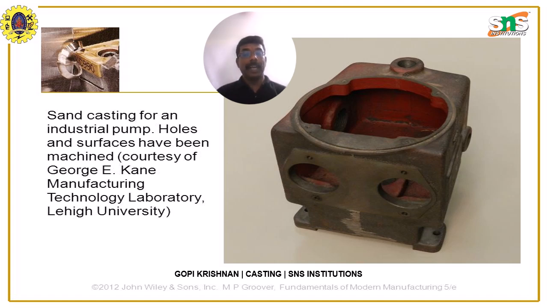The pump can be covered using metal manufactured by the metal casting process. And after manufacturing this metal cover, the holes and the surfaces can be machined to get a high degree of accuracy.